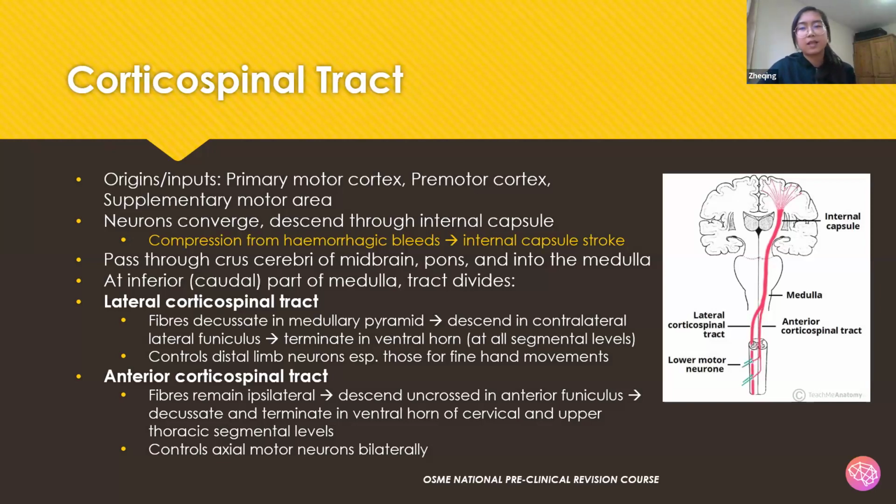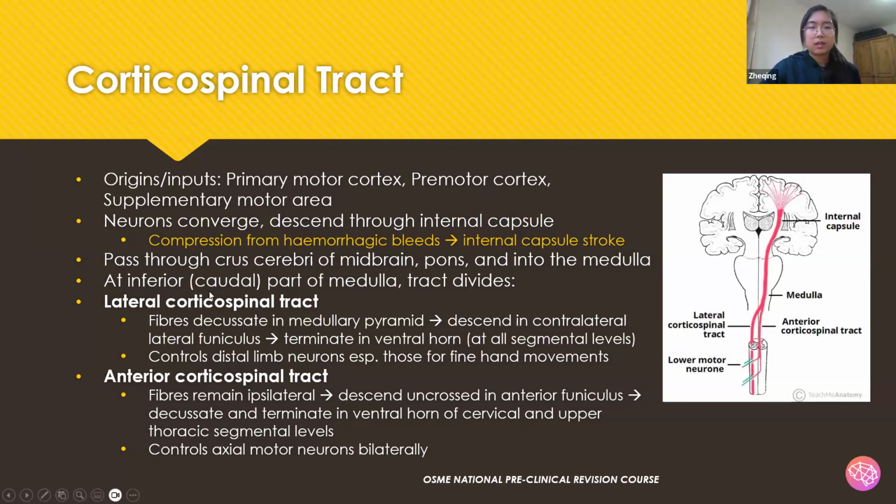It makes sense because it begins in the parts of the cerebral cortex involved in control of voluntary movement, which are principally the primary motor cortex, premotor cortex, and supplementary motor area. The neurons descend through the internal capsule, which has structural importance because if it gets compressed from a hemorrhagic bleed or stroke, you get an internal capsule stroke, which can cause quite extensive paralysis.